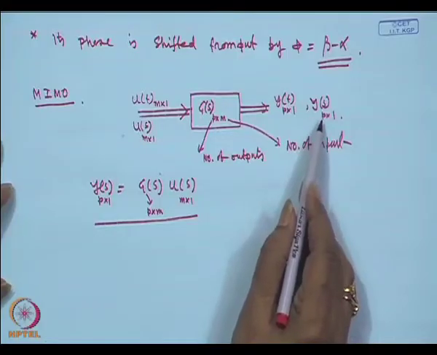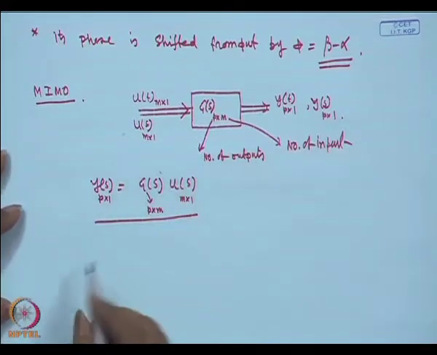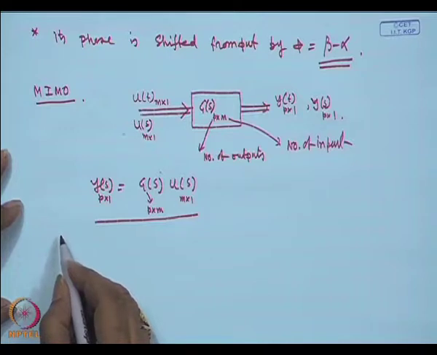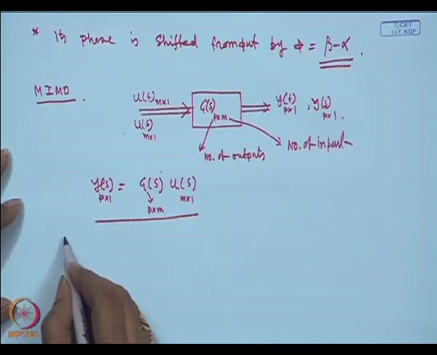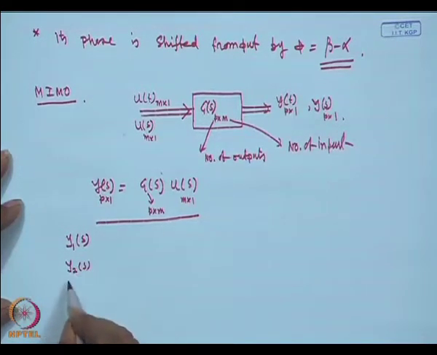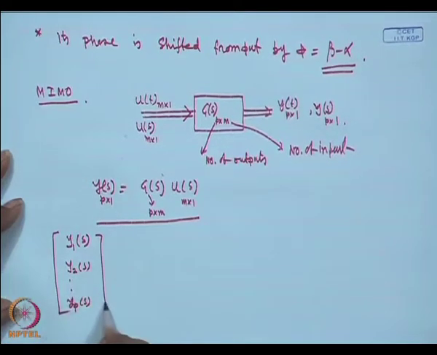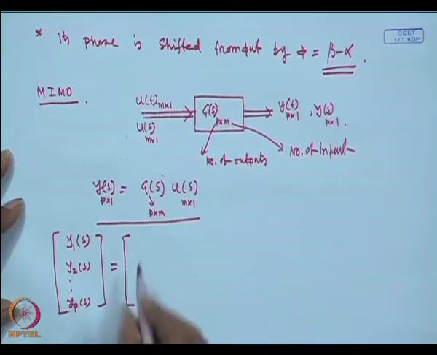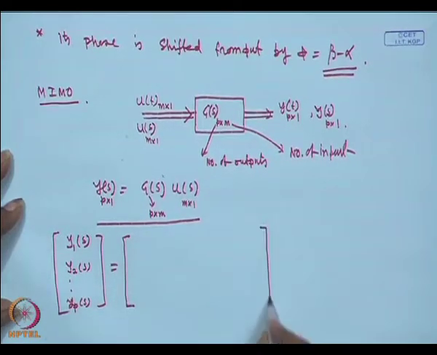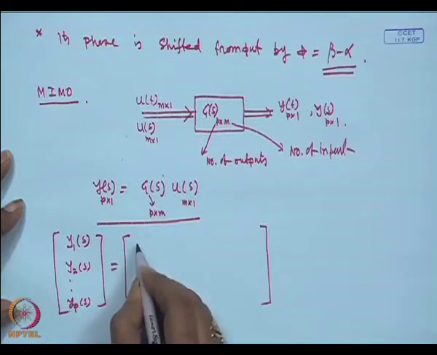Now, let us see this. How many outputs are there, p outputs, and how many inputs are there, m inputs. If I write it in more general vector and matrix notation form, we have p outputs, Y p of s, is equal to G(s), whose dimension is p rows and m columns.